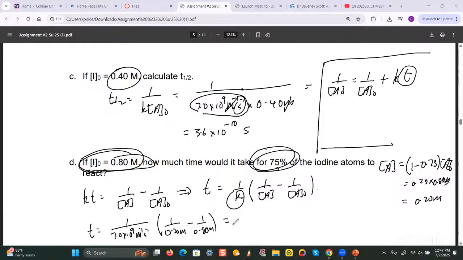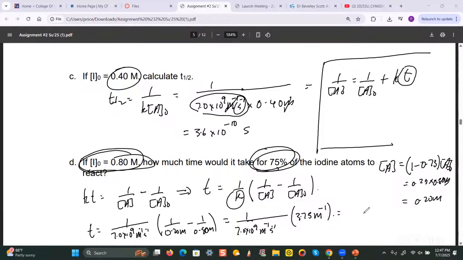Okay, so I got 1 over 7.0 times 10 to the 9 M to the minus 1 s to the minus 1. So what I got for this part, and please correct me if I'm wrong, I got 3.75 M to the minus 1, right? And then I'm going to divide that by 7 times 10 to the 9.